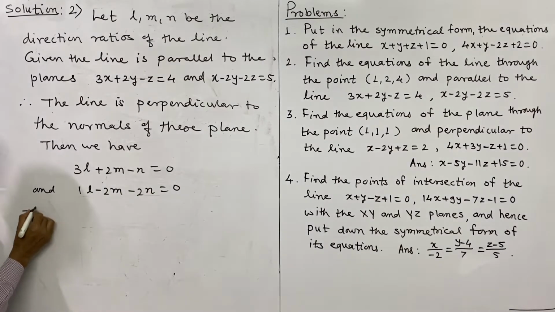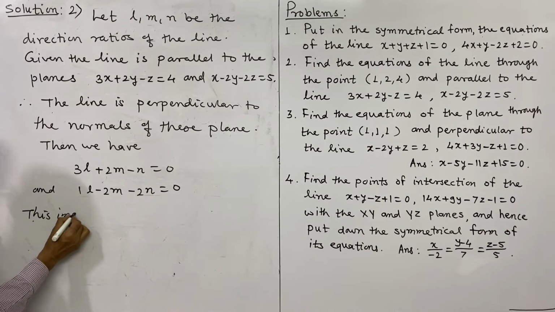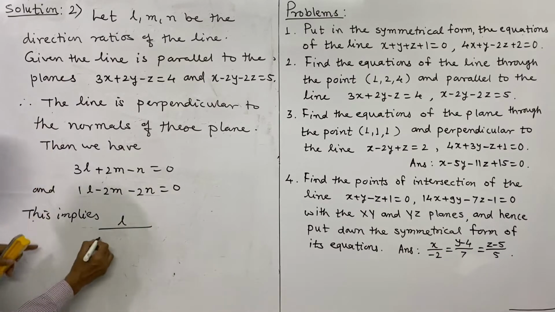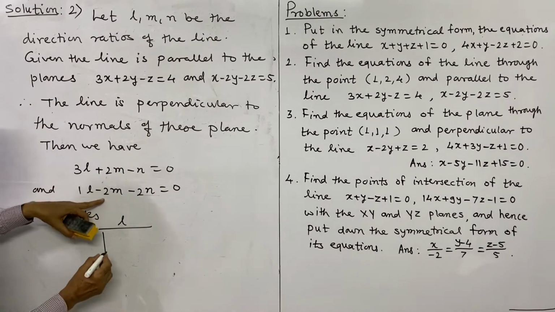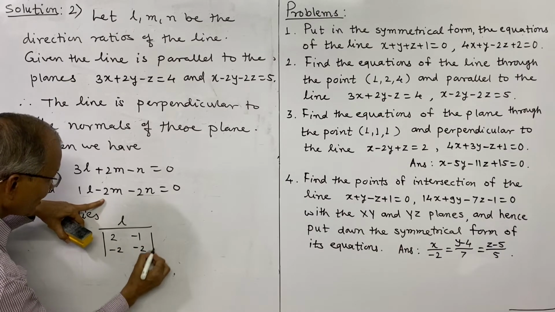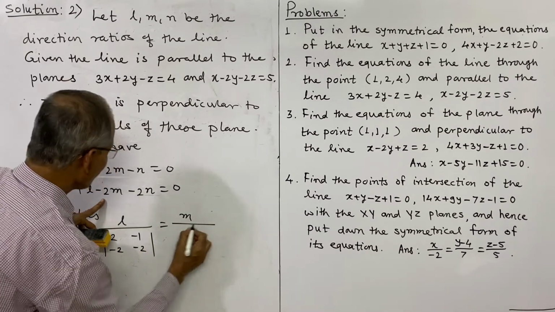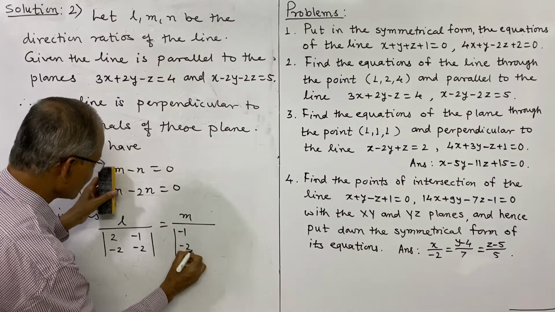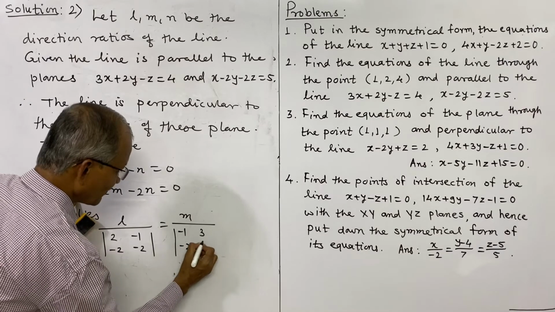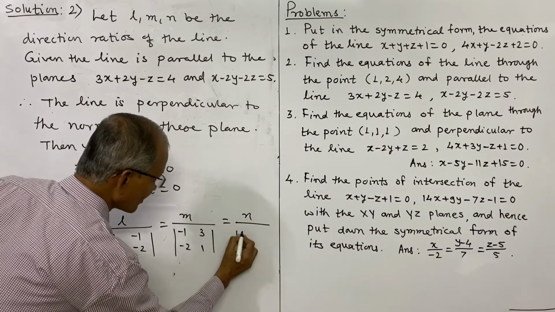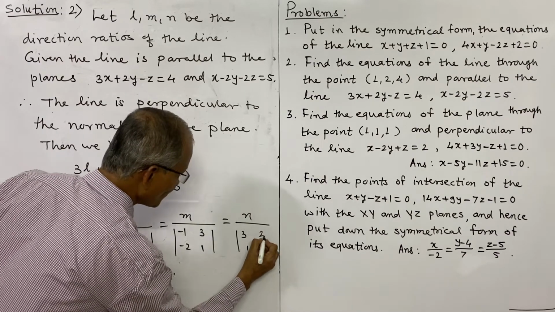So we will obtain the values of L, M, N from this. L divided by (2 minus 2 minus 1 minus 2), M divided by (take this column first, minus 1 minus 2 and then 3 1), and N divided by (3 1 first column, second column 2 minus 2).